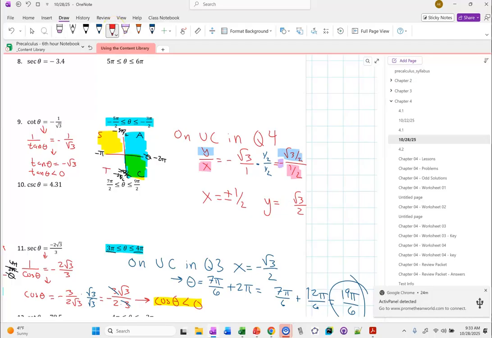And I really should say, because it's negative, I know that one of them has to be positive, the other has to be negative. I can't have both the same, right? So I'm going to go to my unit circle and look in quadrant 4.